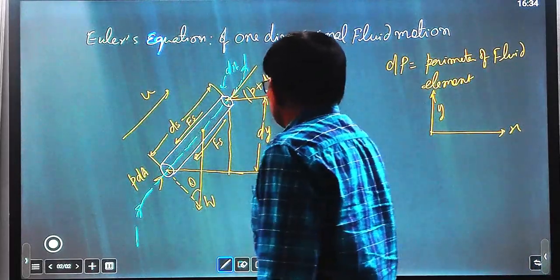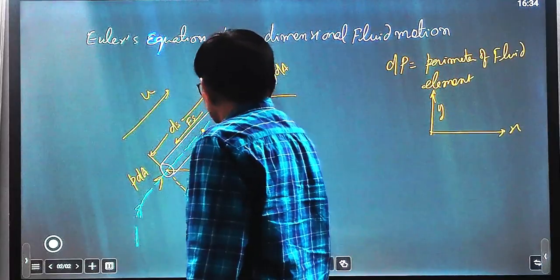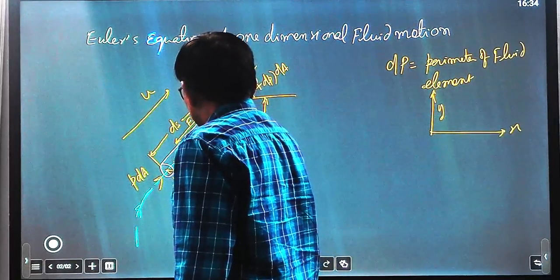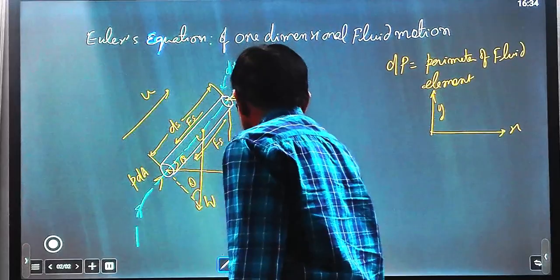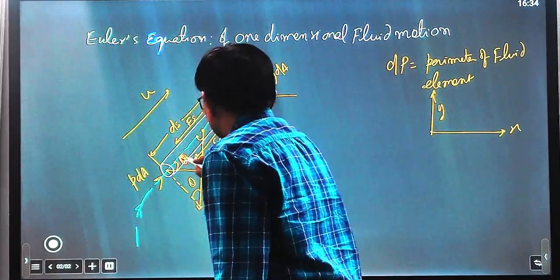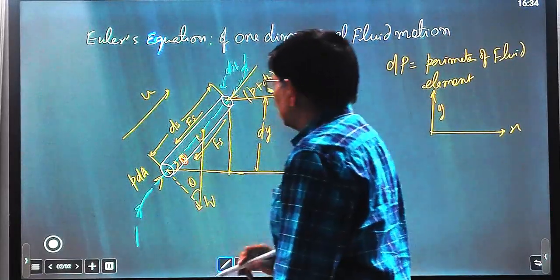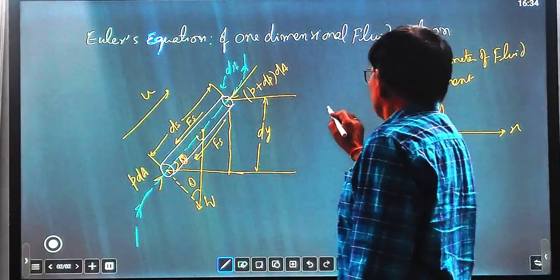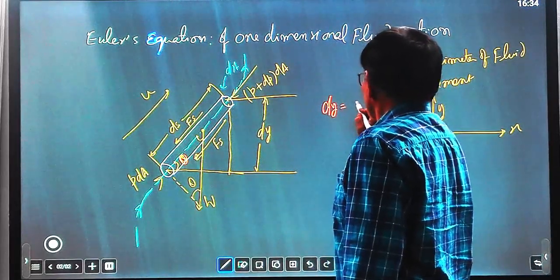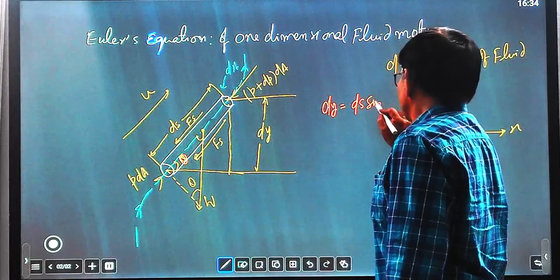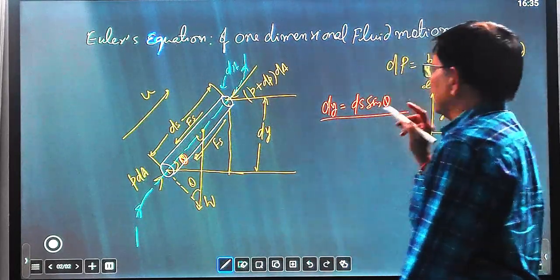So we know that this angle is theta, and this angle is 90 minus theta. So dy is equal to ds sine theta.